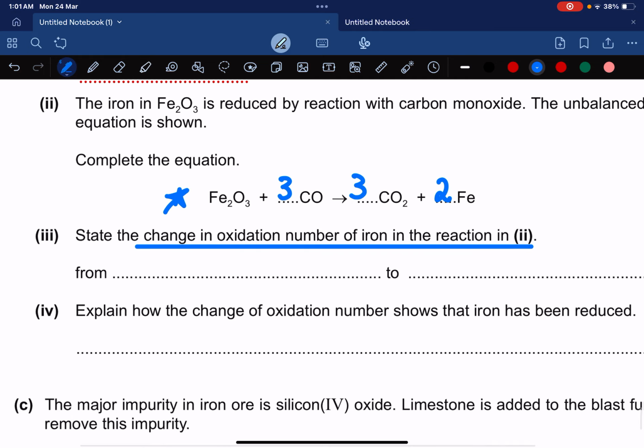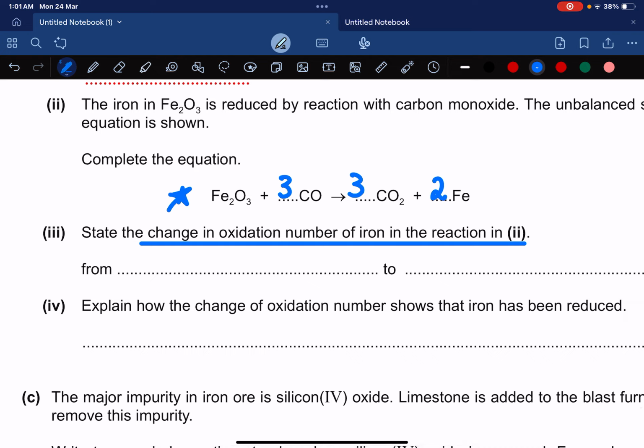The change in oxidation number over here, we know that because this is an element, ठीक है, यहाँ पे elemental form में, the oxidation number is going to be 0. You know, in elements the oxidation number is always 0. But over here, देखें ये जो oxygen के नीचे 3 लिखा है, this is basically the oxidation number of iron, which is 3 plus, और जो iron के नीचे 2 लिखा है, this is the oxidation number of oxygen, which is 2 negative.